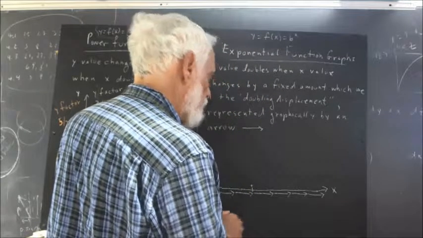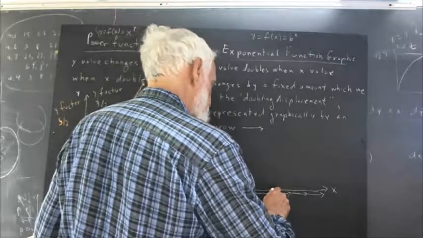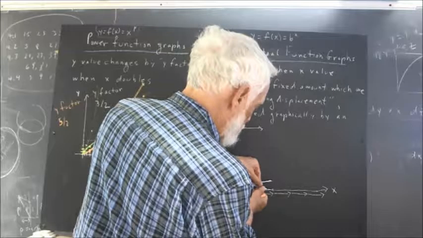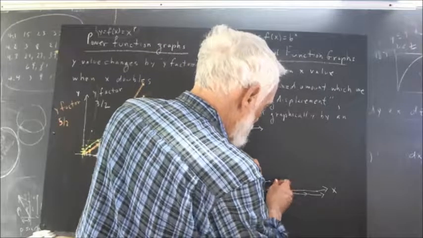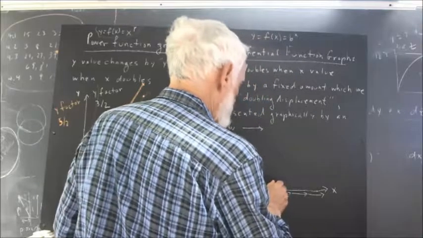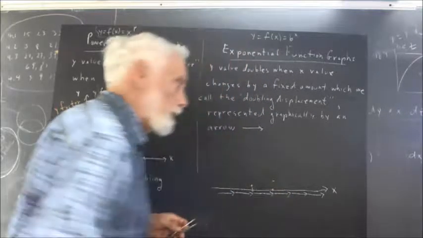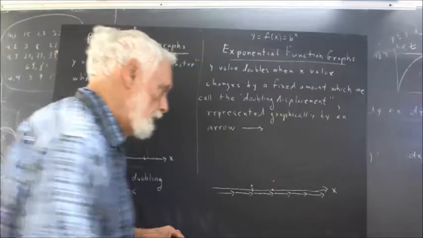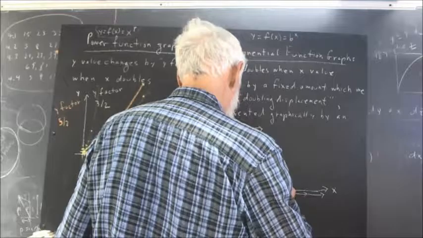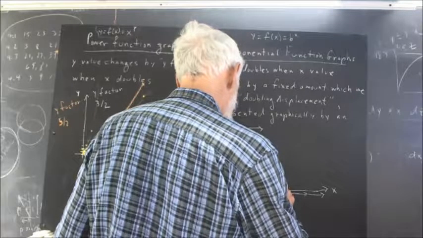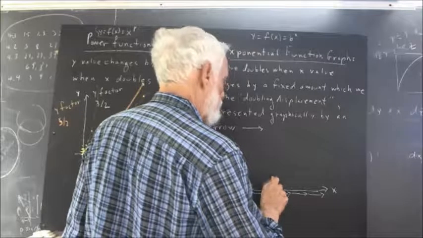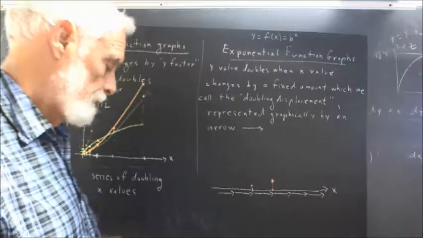Then I go over one doubling displacement, and now I can make an arc and then do a construction. I'm not going to do the construction. It'd be kind of hard to do on a scale this small, but I can locate the point on that arc that's directly above this x value, and that will be my new point on the graph.